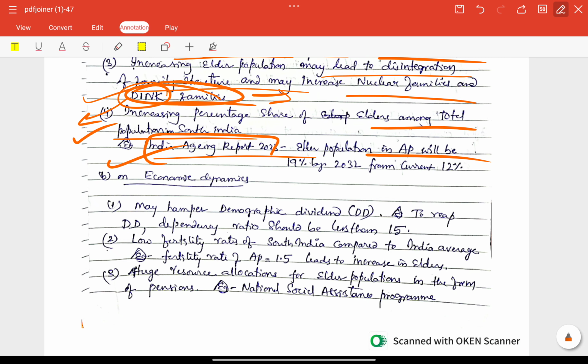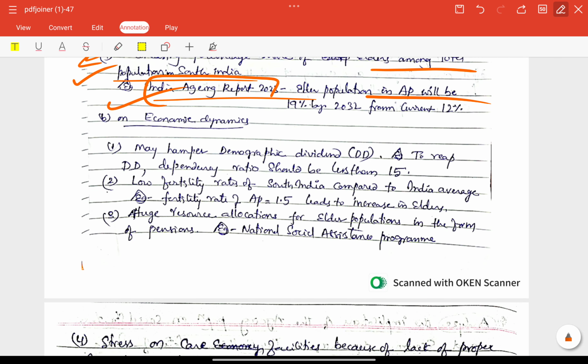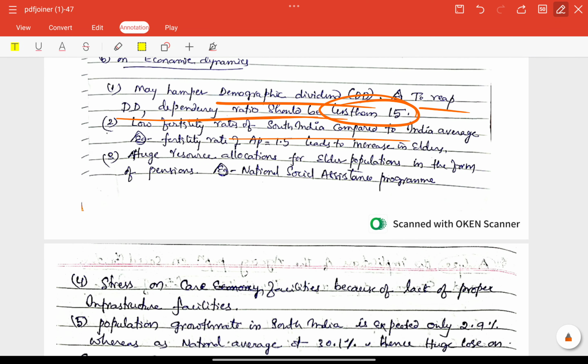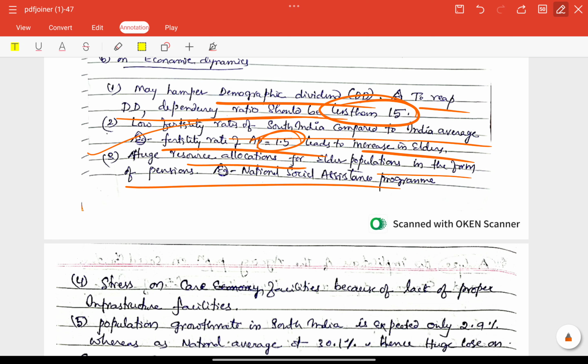Very important. Next, on economic dynamics, may hamper demographic dividend. Dependency ratio should be less than 15. Low fertility ratio also, especially of South India compared to India average, fertility rate of AP 1.5 leads to increase in elders. Huge resource allocations for elder populations in the form of pensions, that is also included in our explanation part.